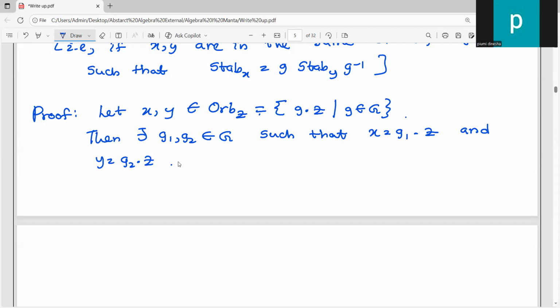So with this, let's go to the first one. We have x equals g1 dot z. What I'm going to do is I will take g1 inverse dot on both sides.